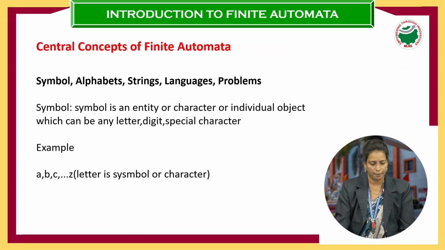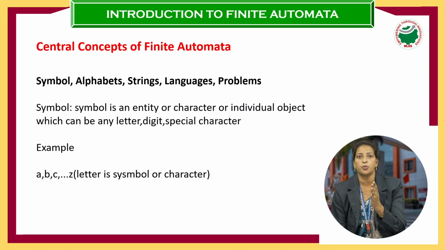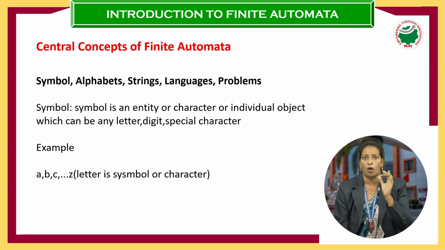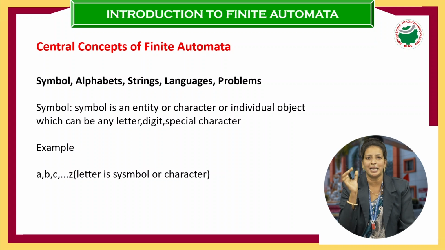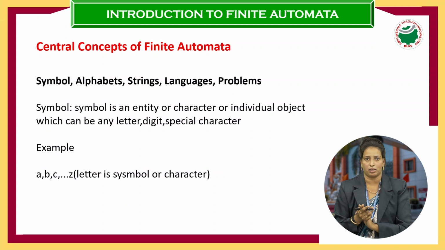So the next one is the central concepts of finite automata. In this, we are discussing what is a symbol, what is an alphabet, what is a string, what is a language. These are all interlinked concepts. First, what is meant by a symbol? A symbol is an entity or one character, an individual object which can be any letter, digit or special character.